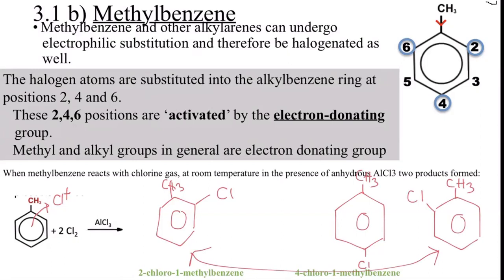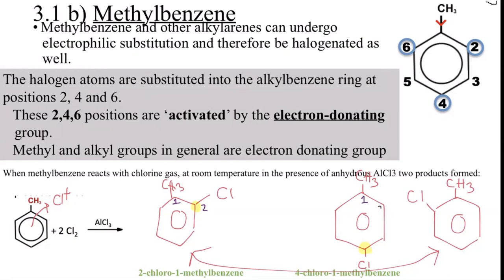That means your electrophile will sit in position 2, 4, 6 with respect to your methyl group. Okay? Your methyl group will be number 1 here. Then this becomes number 2.